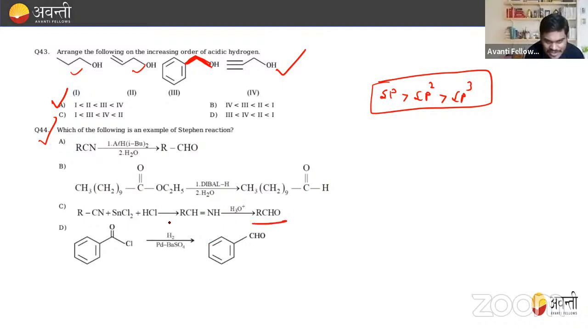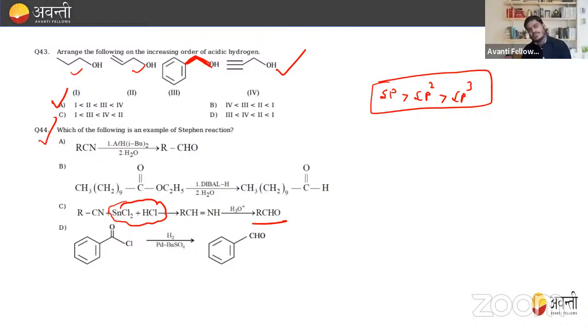And then the formation of aldehyde. Yes, this reagent is an example of Stephen reaction. So this is the correct answer for this question.